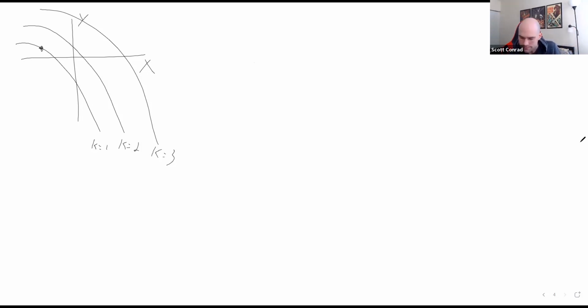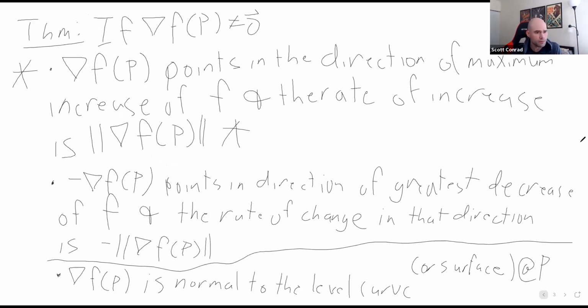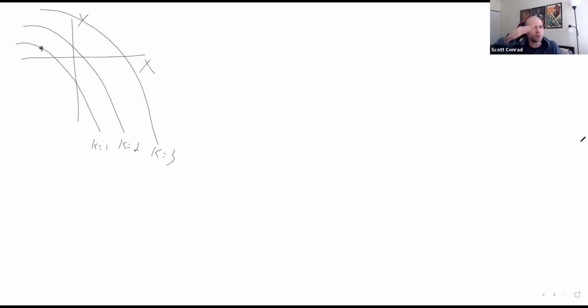The third thing here tells us that the gradient of f at that point is going to be a vector which is normal to the curve. In other words, if you look at the tangent line to the curve, it's going to be orthogonal to the tangent line.